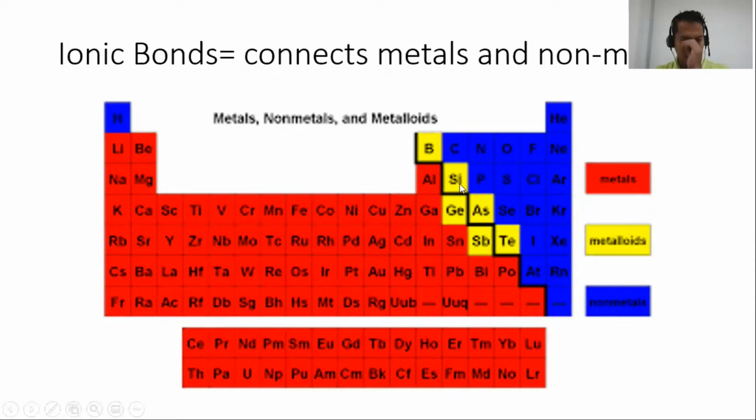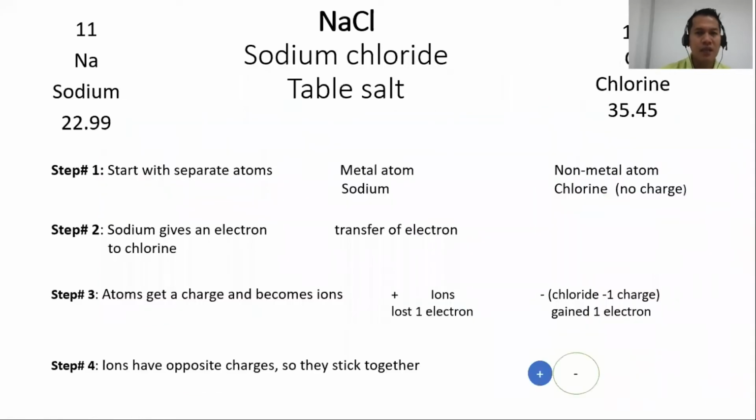We're not going to talk about metalloids, but we will be talking about metals, the red ones, and the non-metals, the blue ones. In ionic bonds, once again, it's metals and non-metals. Why is it ionic? We will find out. For this discussion, I would like to use sodium chloride as an example.